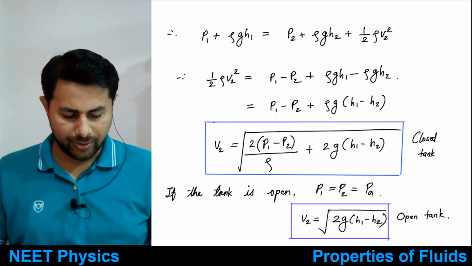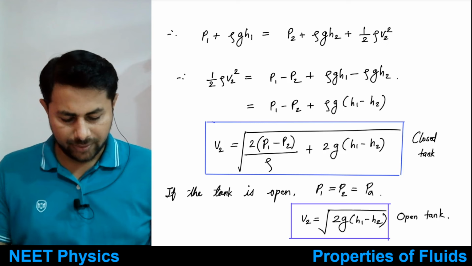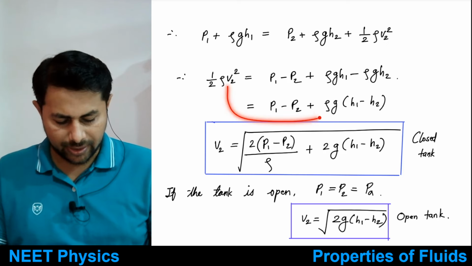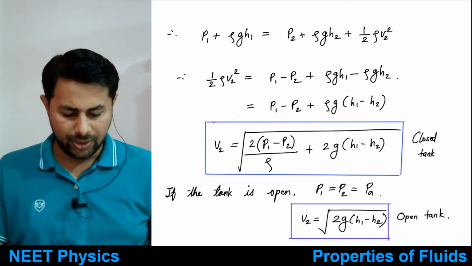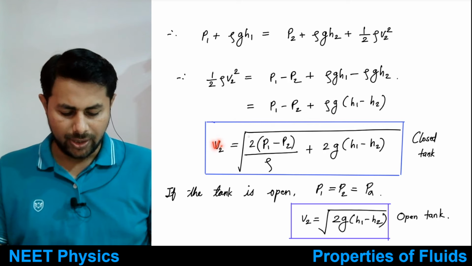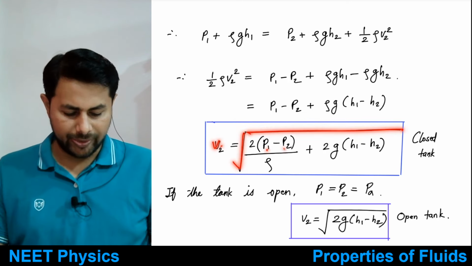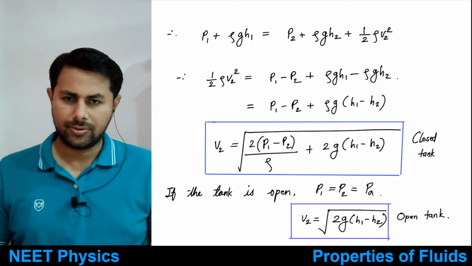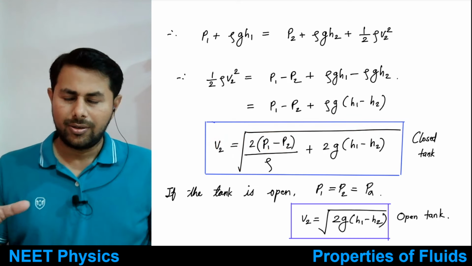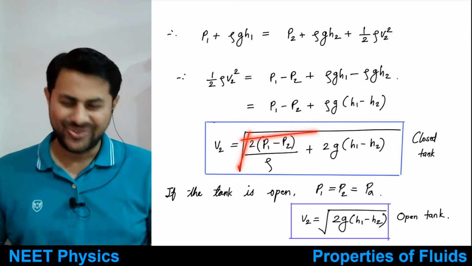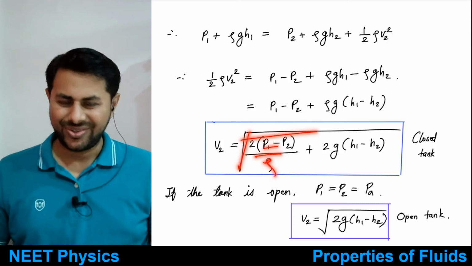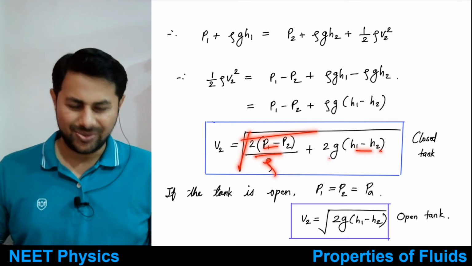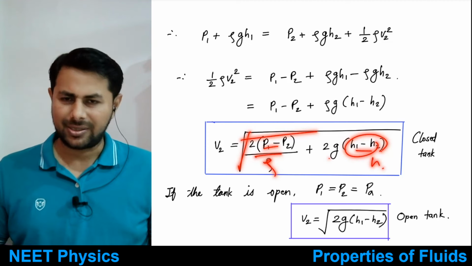Then you can divide the right hand side by rho. What you get is V2 is equal to square root of 2 times P1 minus P2 divided by rho plus 2g H1 minus H2, and H1 minus H2 can be written as H.